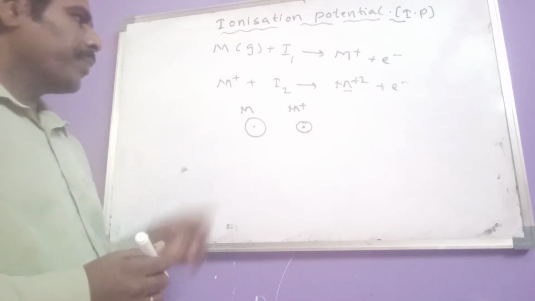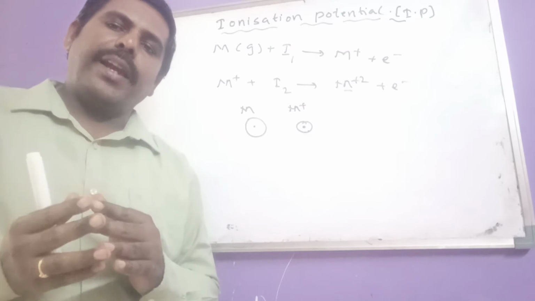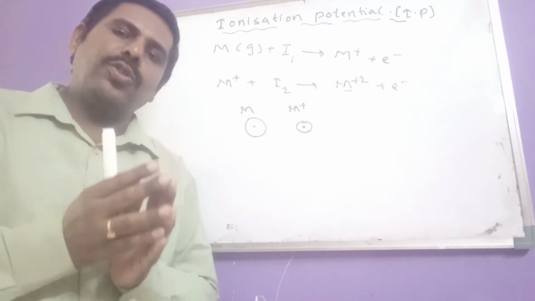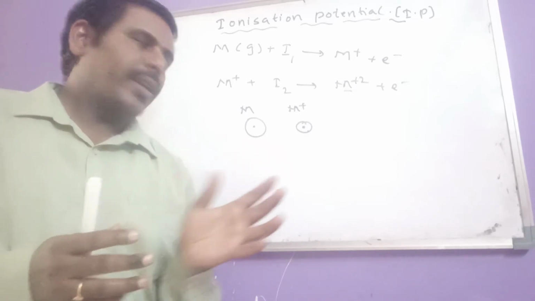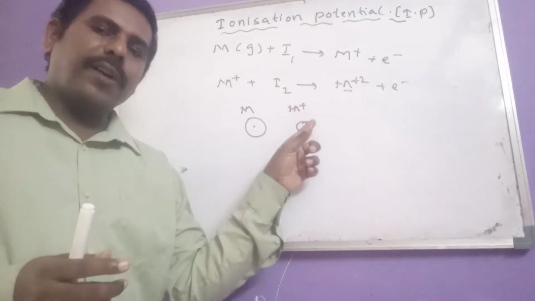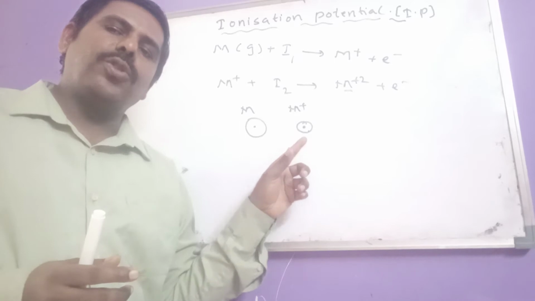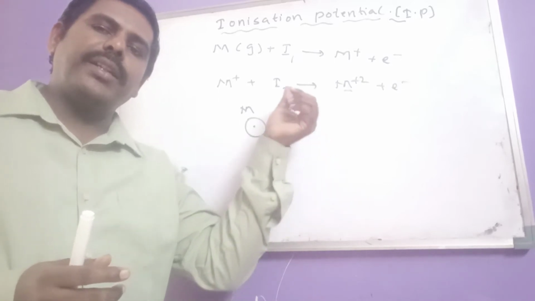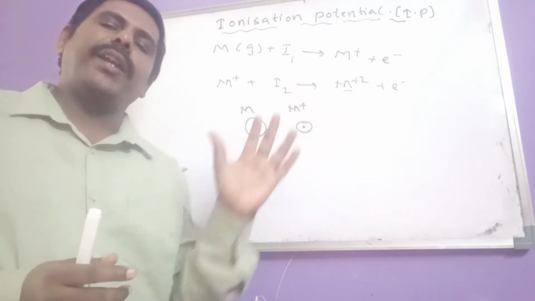And another one: in the case of a neutral atom, the number of electrons equals the number of protons. That means nuclear charge and electron charge are both equal. But in the case of a unipositive ion, the number of electrons decreases, but there is no change in nuclear charge. That means nuclear charge dominates over the number of electrons.